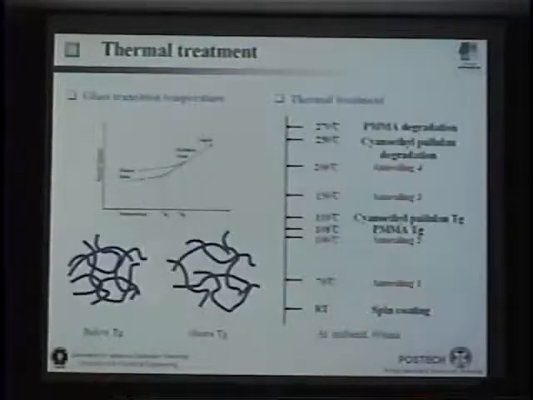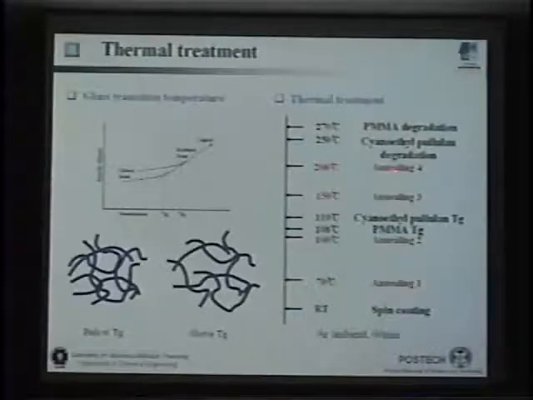And the question is, what is the optimum temperature for annealing? If you look at this temperature scale, there are different regions. Of course, the maximum temperature is the dissociation temperature. You cannot heat up the polymer near or above the dissociation temperature because this will break everything.